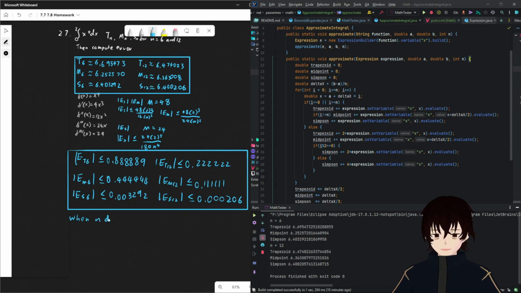When n doubles, the error of the trapezoid and the error of the midpoint is, how do I say this, 4 times smaller.